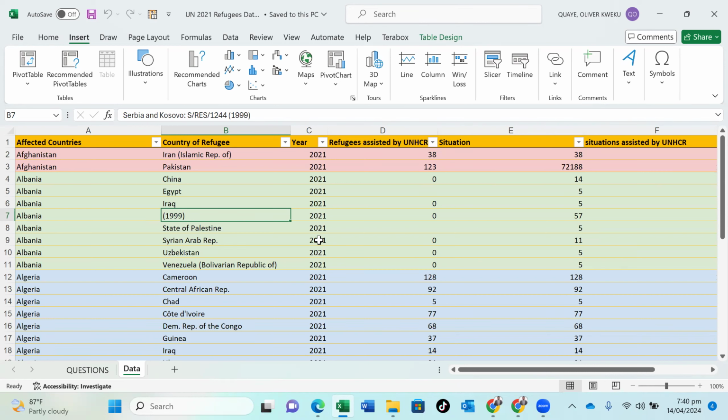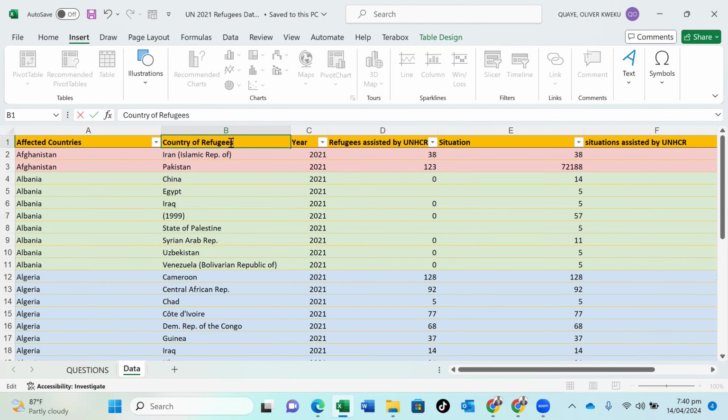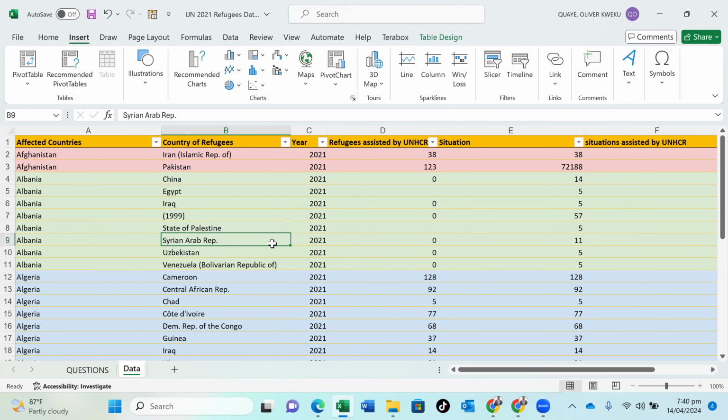The next thing to look at is the data understanding. In understanding this data, we see affected countries in our first column and country of refugees. So I can add S over here. What this is saying is that these were the countries that were affected, and people from these countries were taken to other countries.